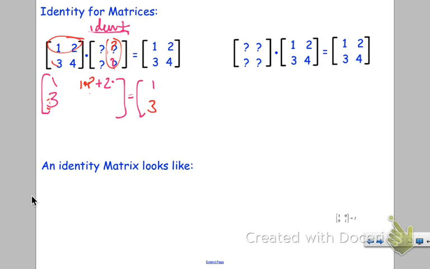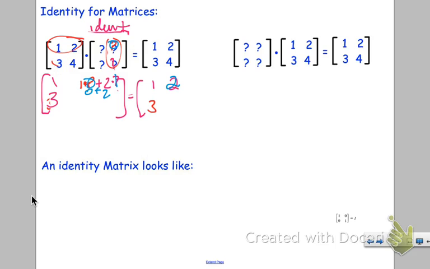So I want that to end up with getting me a 2. So that means I want this to be 0, and I want this to be a 1. That way that gives me 0 plus 2 times 1 is 2, gives me the 2 there.